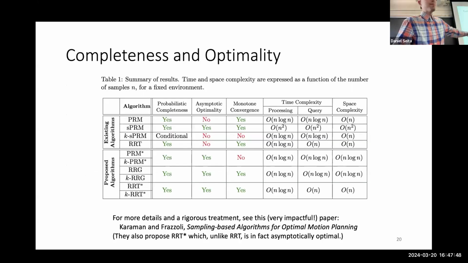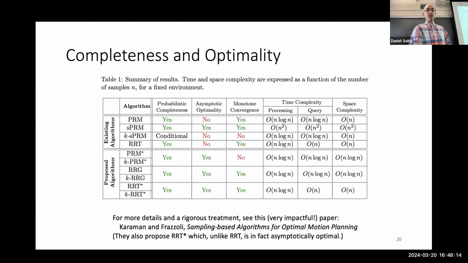And so this is a very famous paper, and they had a big summary table that showed which algorithm was probabilistically complete, and which one had asymptotic optimality. For the purpose of this, you don't need to know everything in the table.